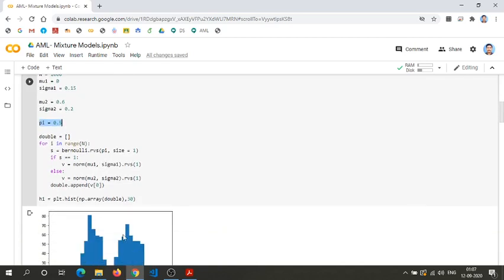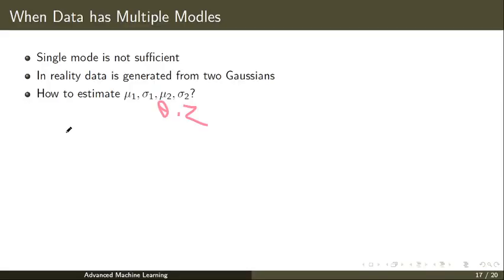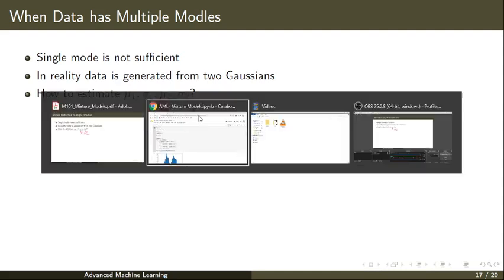Our visible random variable is this data. This data is being controlled using a Bernoulli distribution based on this pi. So pi corresponds to our z distribution. z equal to 1 we represent as pi 1, z equal to 2 we represent as pi 2. So our idea is to estimate mu1 and sigma 1, mu2 and sigma 2, and this pi also.